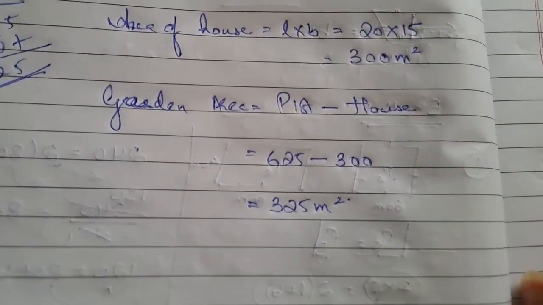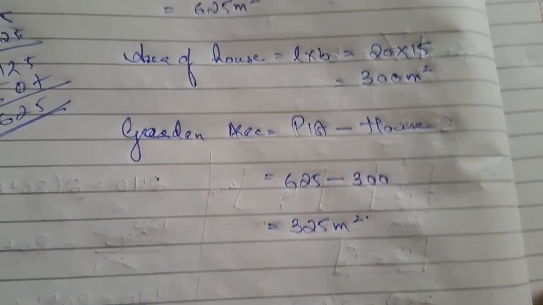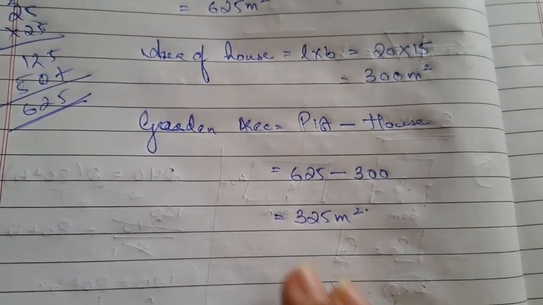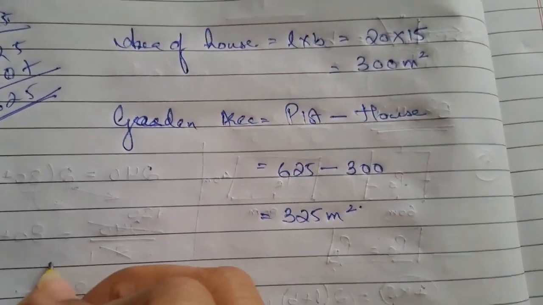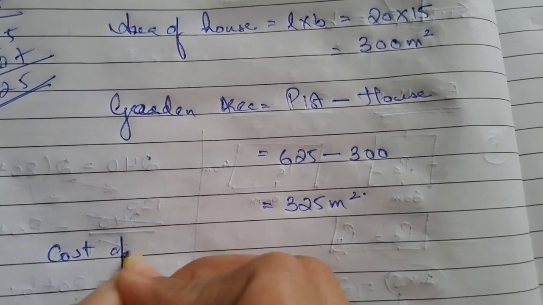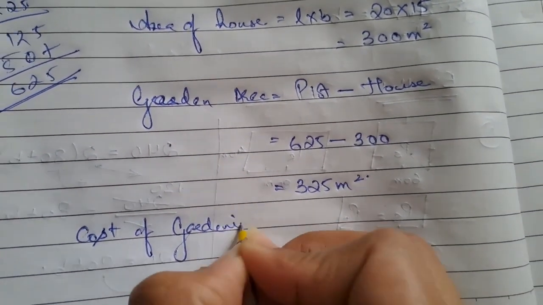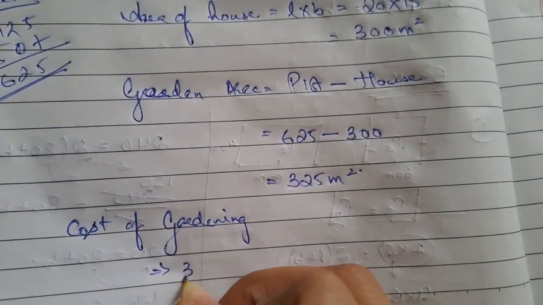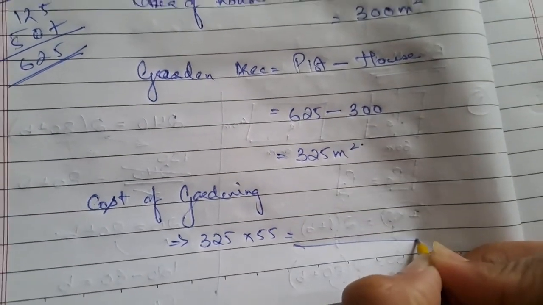Now, they're not stopping here. They're asking us what is the cost of gardening the area of the garden if it is gardened at 55 rupees per square meter. Okay, the cost of gardening would go as 325 times 55.